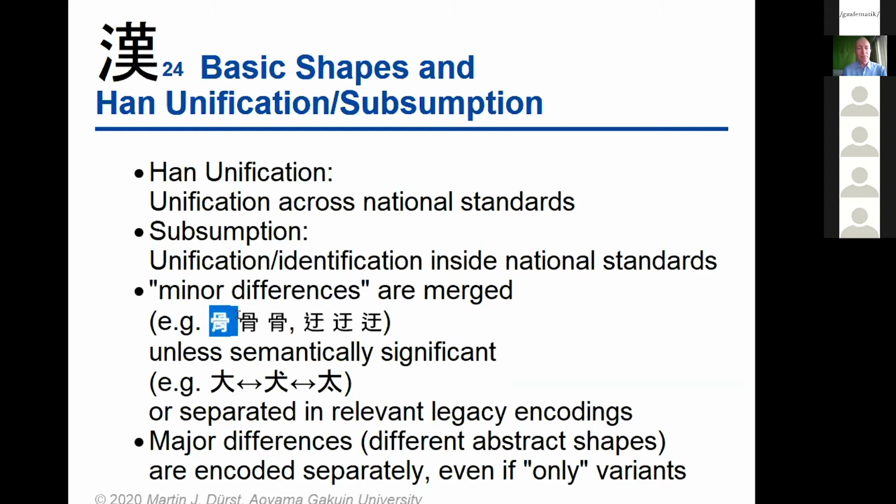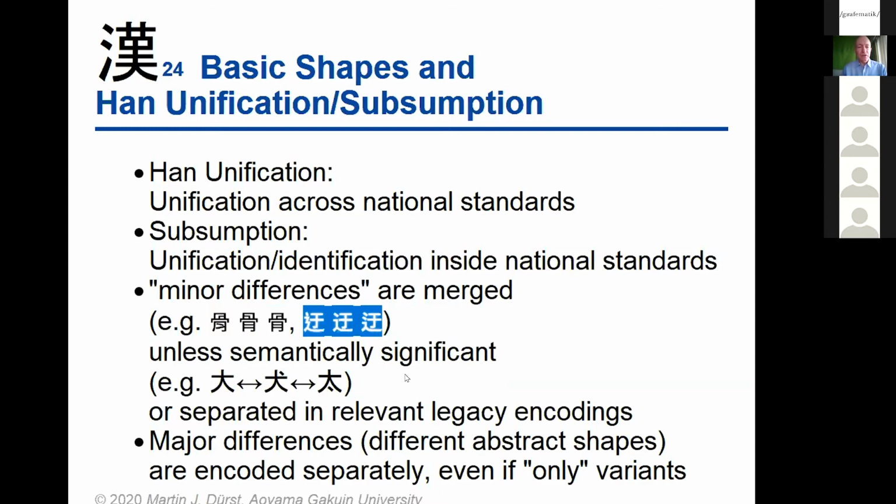These are examples. This is, for example, a character for bone. And this is a character that we have just looked at a moment ago. And these differences are too small because it's essentially the same character, and so they are only encoded once. But you have to be careful. There is a caveat.